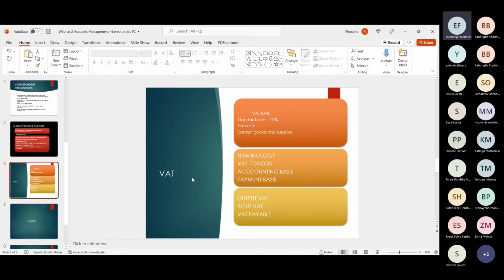Okay, so when it comes to input VAT, you would find there are certain things that are not allowed, like you are not allowed to claim VAT from certain purchases. Say, for instance, entertainment. You eat from McDonald's, or you entertain clients, you go for holiday, for leisure, all those things, the VAT usually, according to the Act, is not allowed.